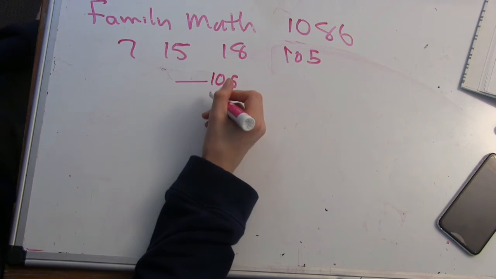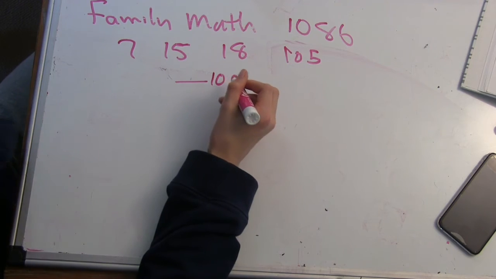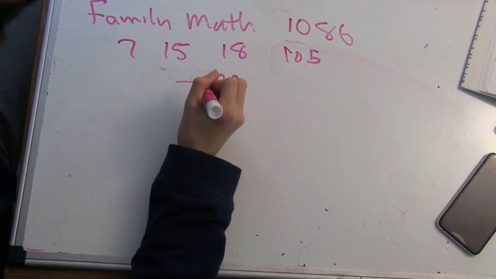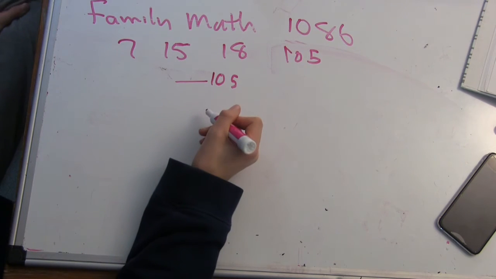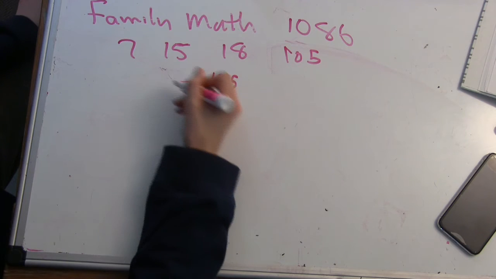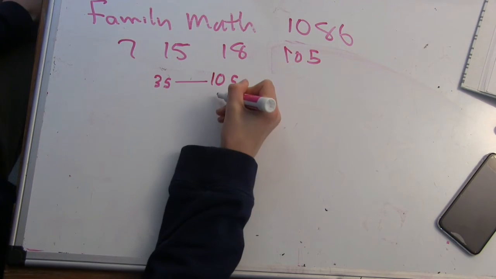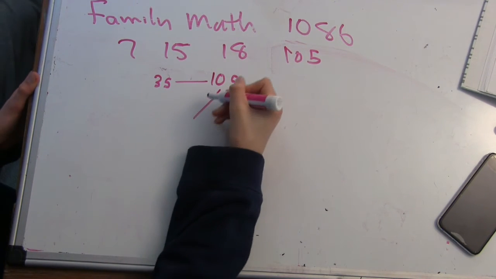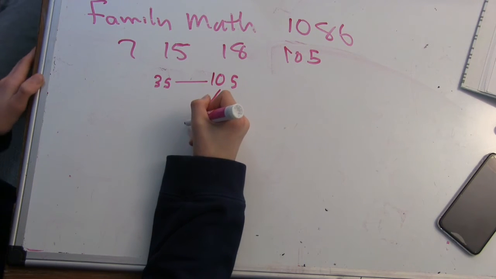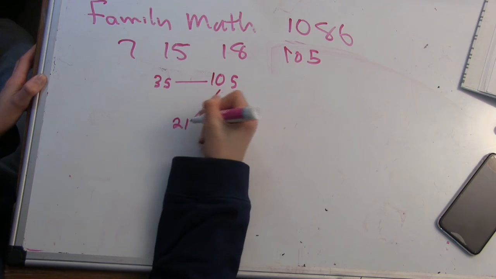So this will be the direction for 3. Let's see. This goes down to 35. 5 divided by 5 gets you 21.